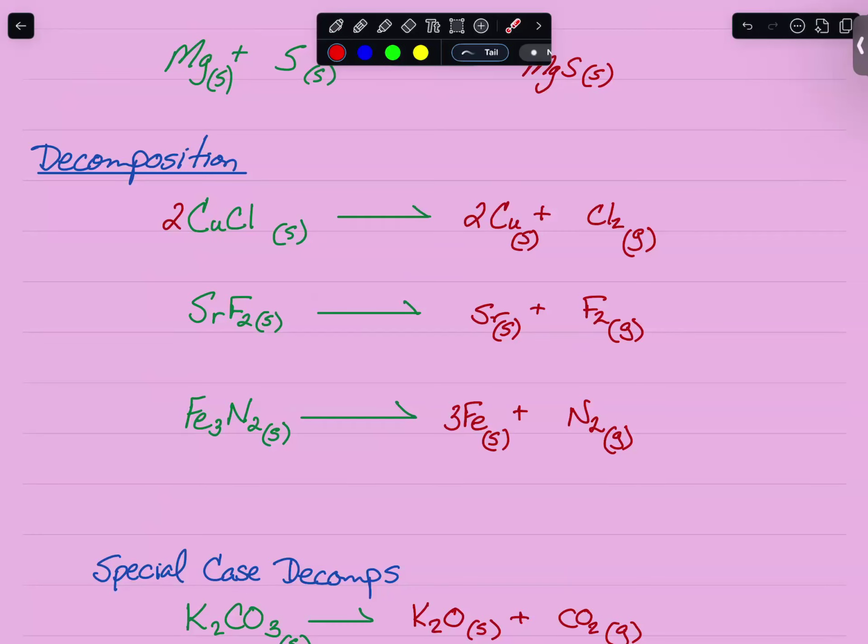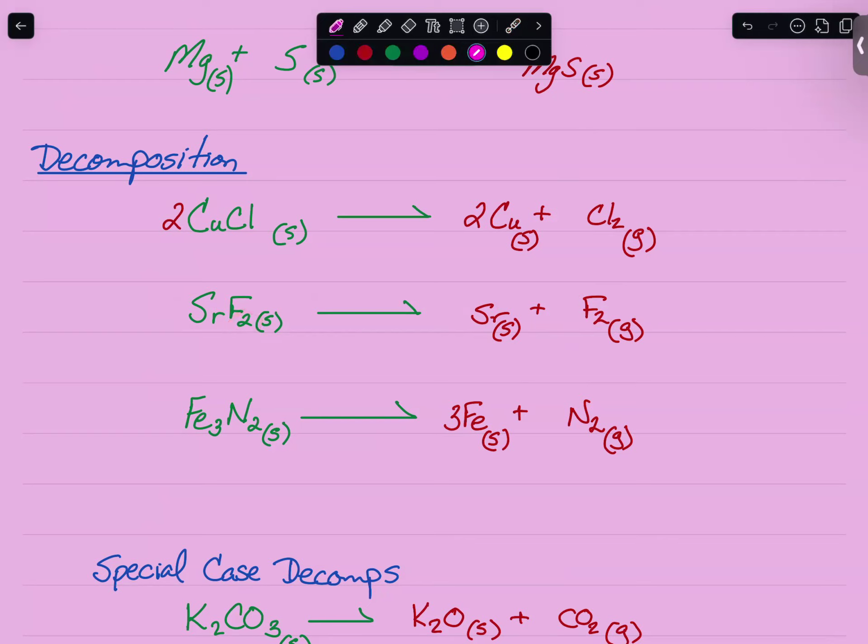Here's a non-transition metal, strontium fluoride, and it's a solid. And when we go to break that apart, strontium forms, fluorine forms. Fluorine is diatomic, and so this 2 is here because it's diatomic. It's an element by itself. This 2 is here.